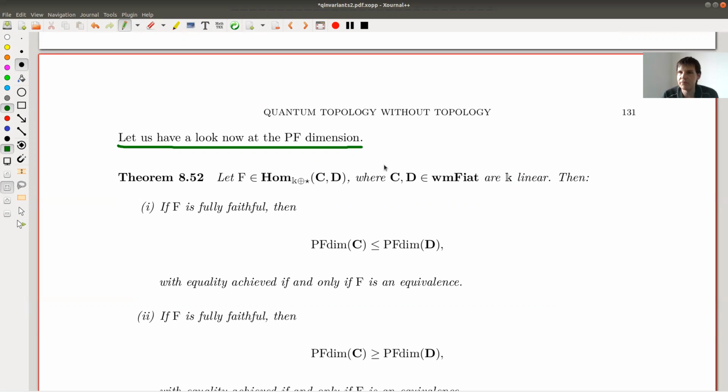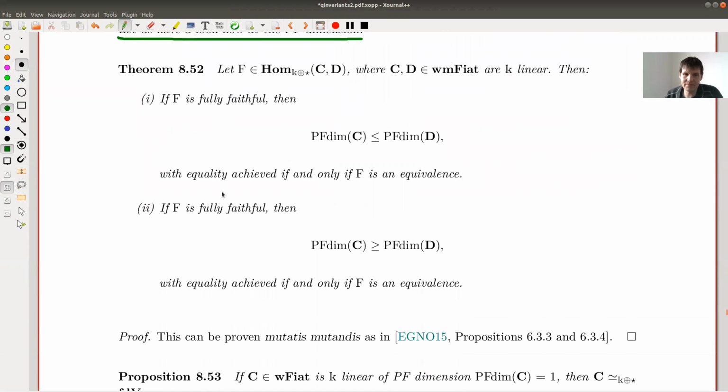So the final thing would be to look at PF dimension. And for PF dimension, you surprisingly get a very nice answer. So PF dimension seems to be, in some sense, the best way to order your categories, which is a bit surprising. In order to do so, I need some technical lemmas or theorems. Doesn't matter so much. Let me just skip them.